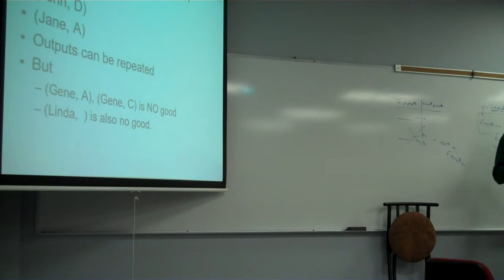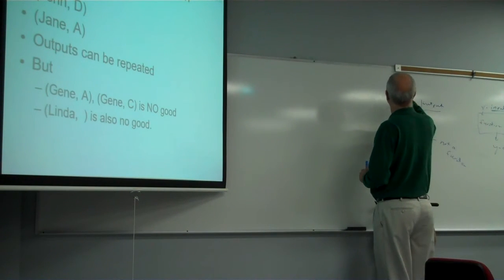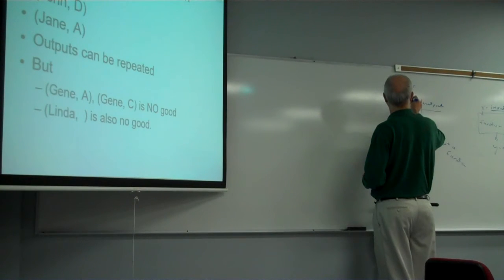Now, part of my job as teacher, part of the job of the gradebook function is each person has to be assigned a grade. Now, this part in mathematics we fudge with a little bit in that maybe we will take Linda out of the class. If she stopped attending, maybe she shouldn't be on the roll, we can take her out. And so there are times we can change the set of inputs, which is called the domain.